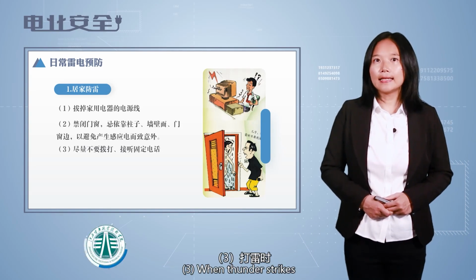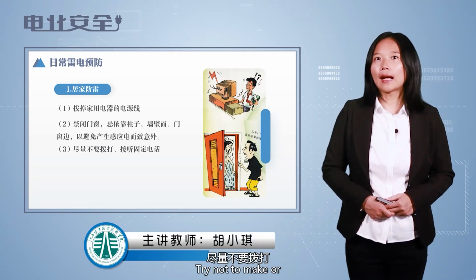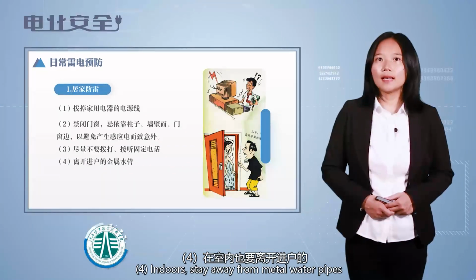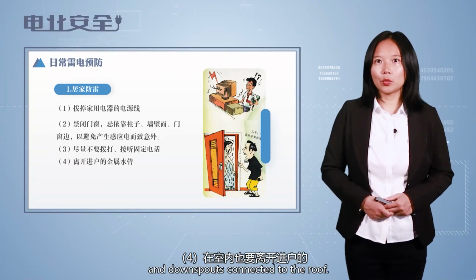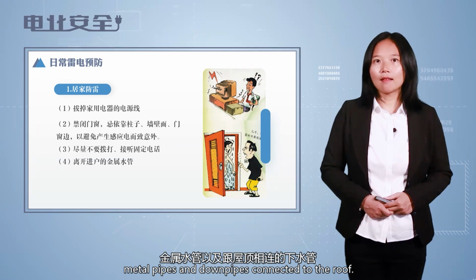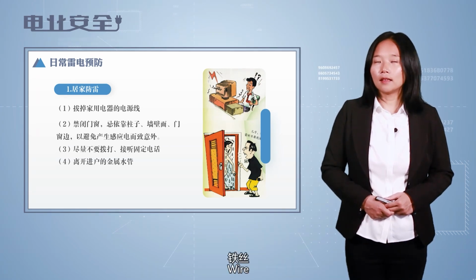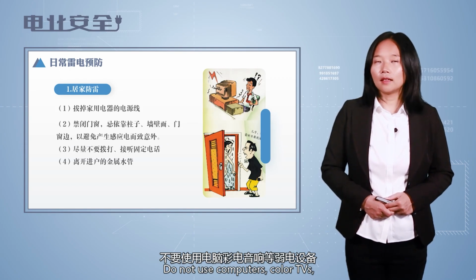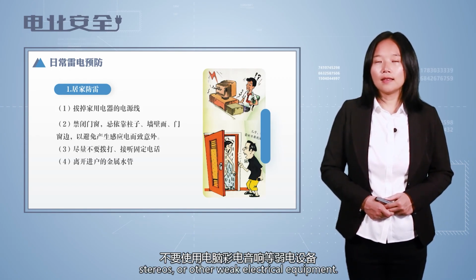Do not rely on pillars, walls, doors, and windows to avoid accidents caused by induced electricity. When thunder strikes, try not to make or take phone calls. Indoors, stay away from metal water pipes and downspouts connected to the roof. Do not use computers, color TVs, stereos, or other weak electrical equipment.